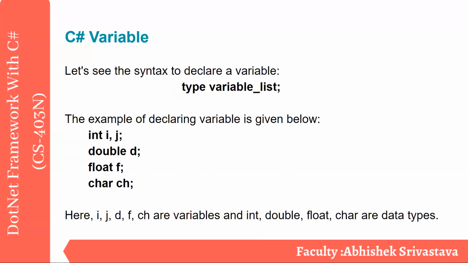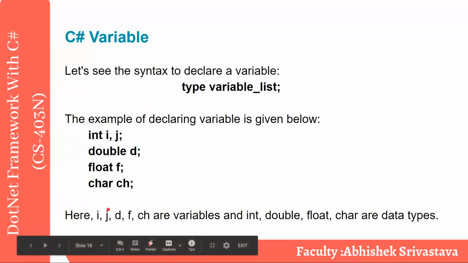For example, declaring variables is given below: int i, j. So here i and j are both integers. Then we have double d, float f, char ch. Here i, j, d, f, ch are the variables, and int, double, float, char are the data types.